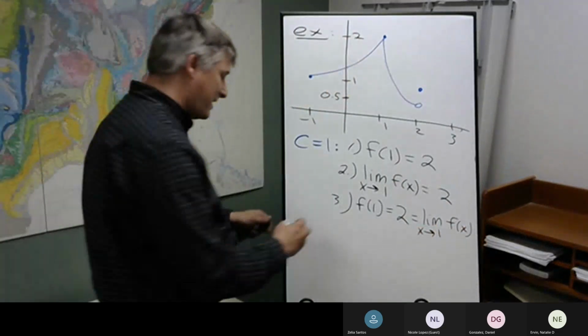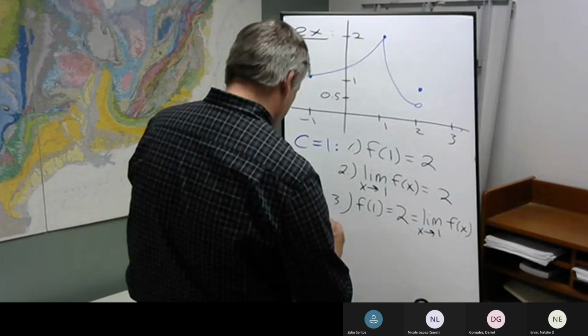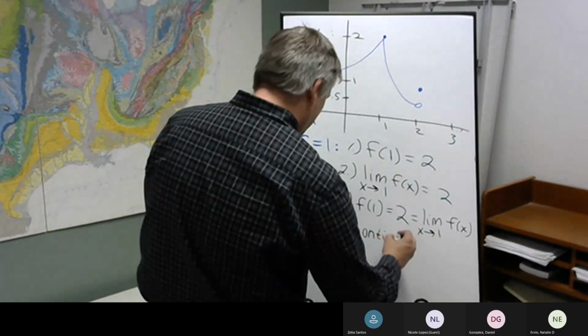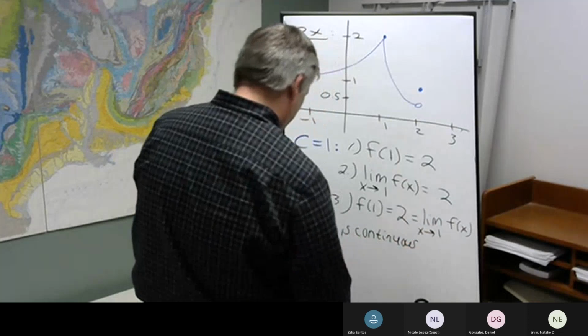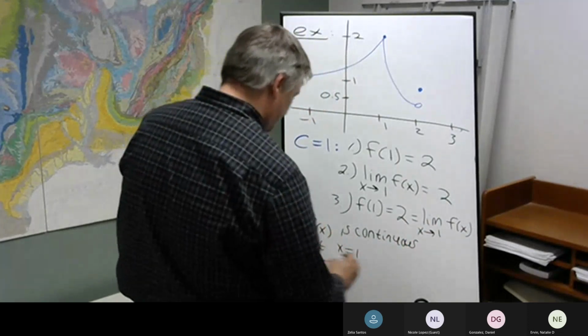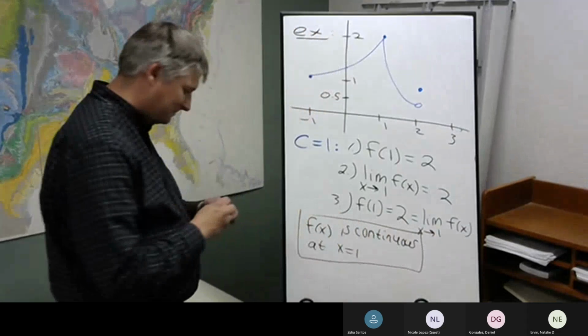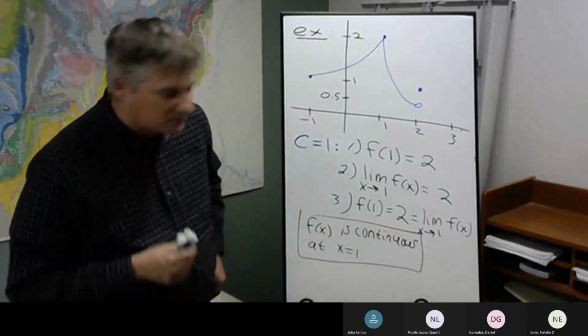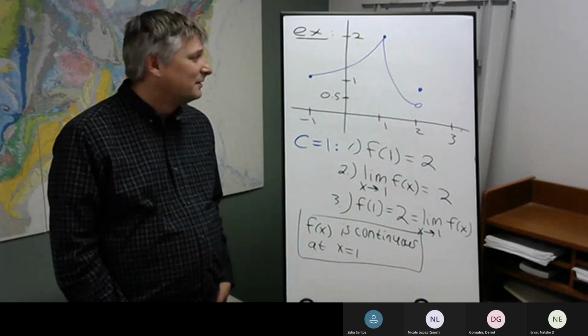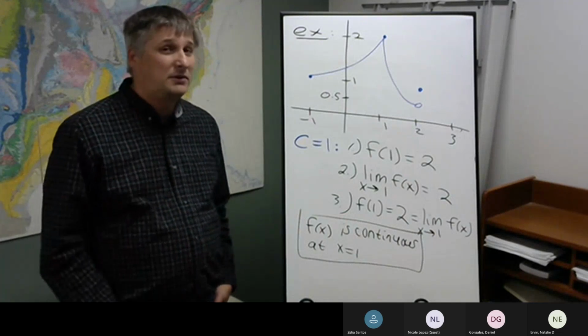So what this says is f of x is continuous at x equals 1. And that's going to be it. So any questions about that?